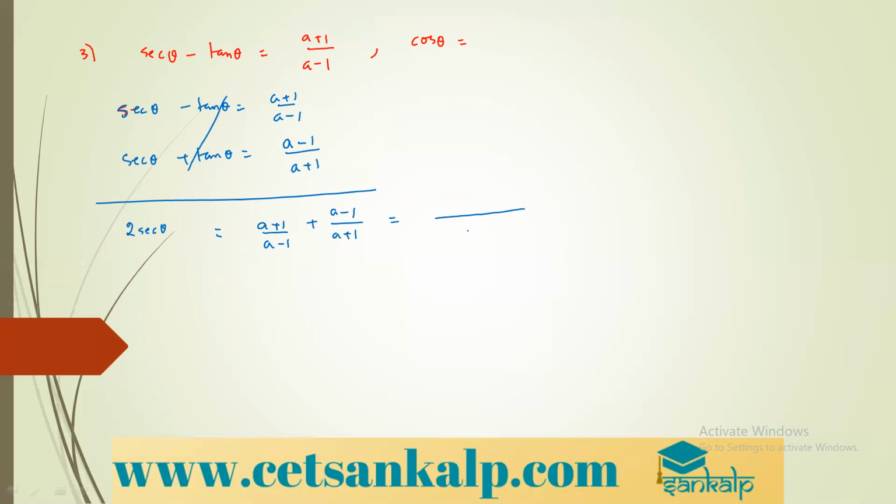So the denominator will be a square minus 1, and the numerator will be a plus 1 whole square plus a minus 1 whole square. That is, it will be 2 times a square plus 1, and the denominator will be a square minus 1. So I got 2 secant theta as 2 into a square plus 1 by a square minus 1.